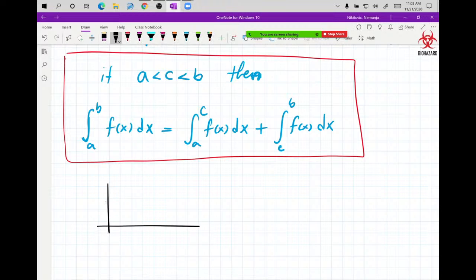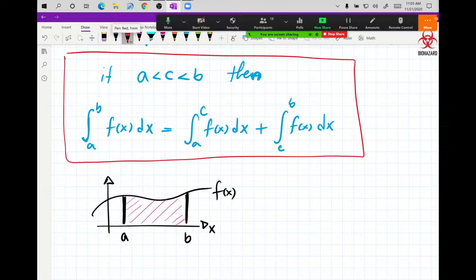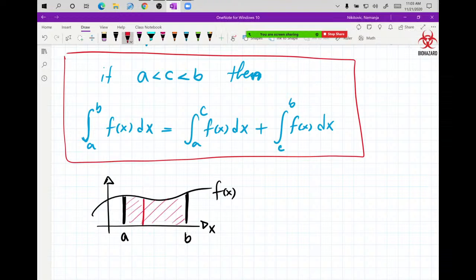Look, if you have your function f of x right there, and you have your limits a and b, and you want to find this area in between, wouldn't you agree that you can just cut this literally anywhere with c? Anywhere. I don't care where.